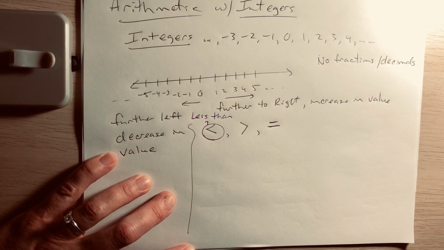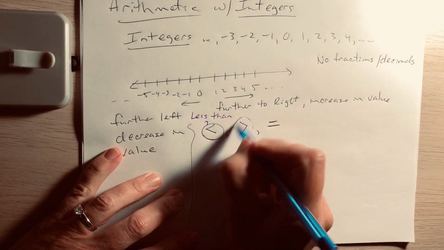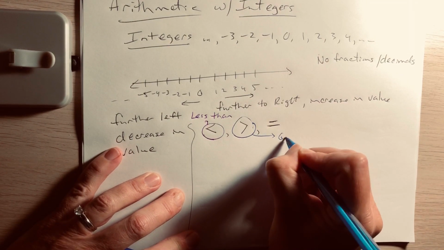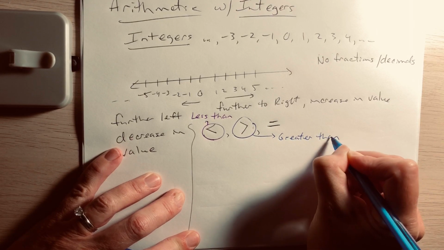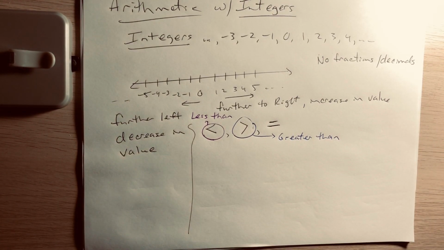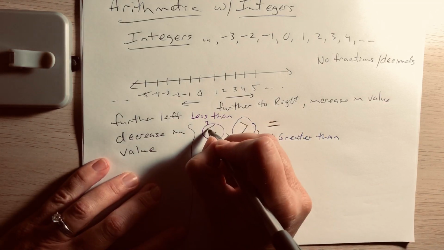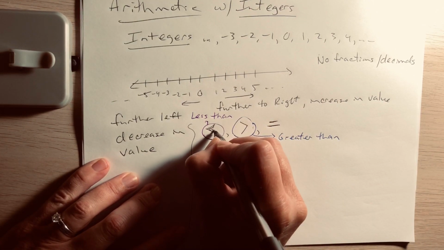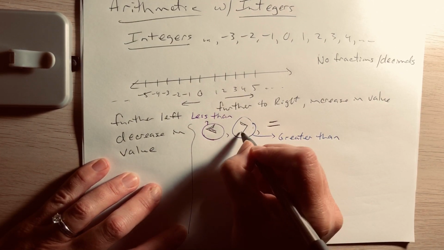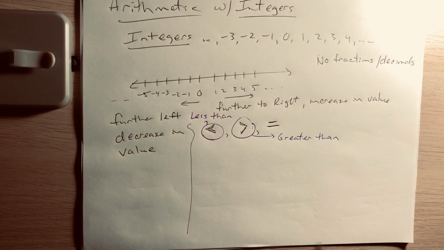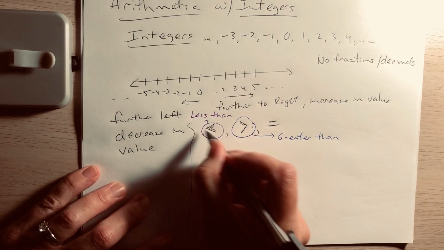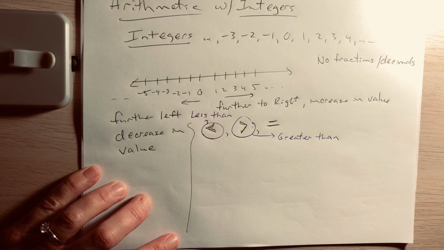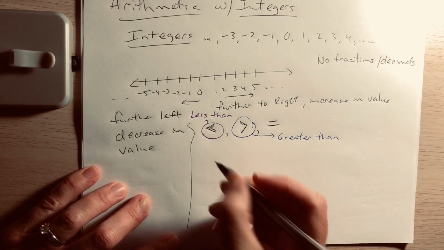And this sign is read as greater than. When you teach kids, you talk about the crocodile mouth, which should always be facing towards the larger value because he's always hungry, and the arrow points to the smaller number. Anyway, those are ways you can help remember what direction it needs to face.